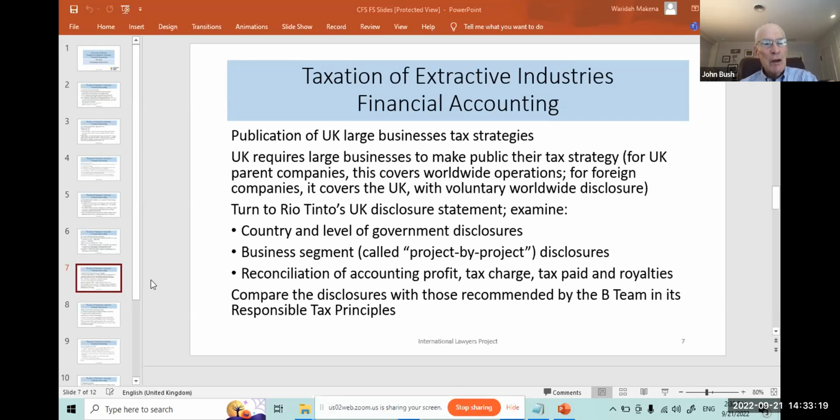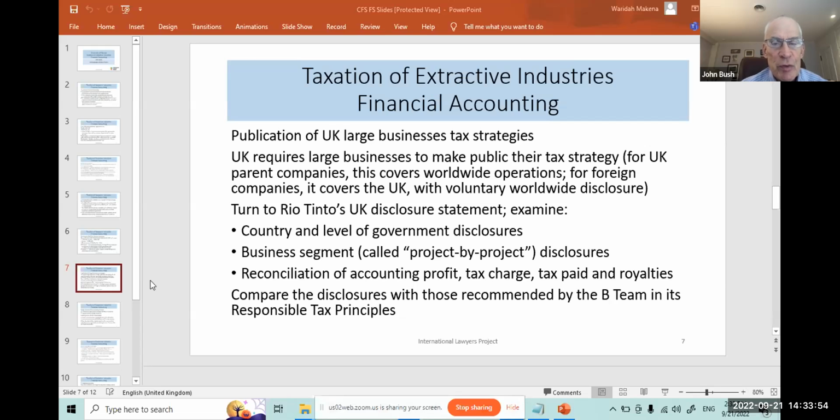And so the UK is interesting in this regard. They require companies, large companies, not all companies, but significant size companies, to disclose their tax strategy. And they need to make the tax strategy public not only to the tax authorities, but public to the world. And UK-based companies have to disclose everything they do around the world in their tax strategy disclosures.